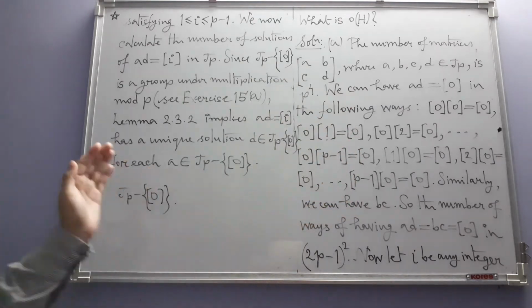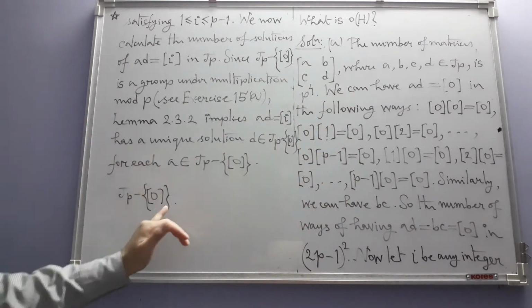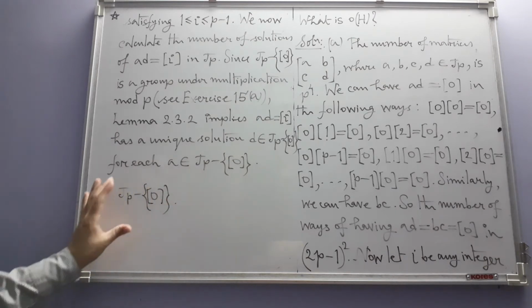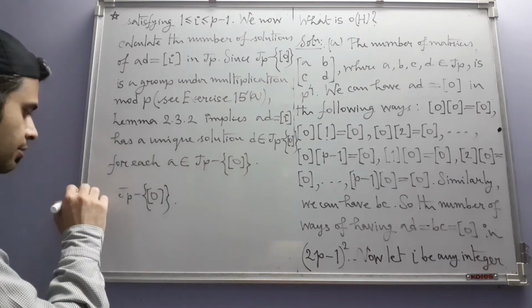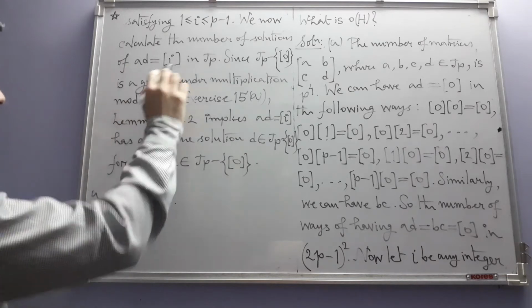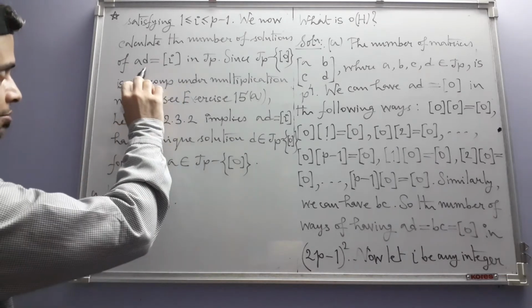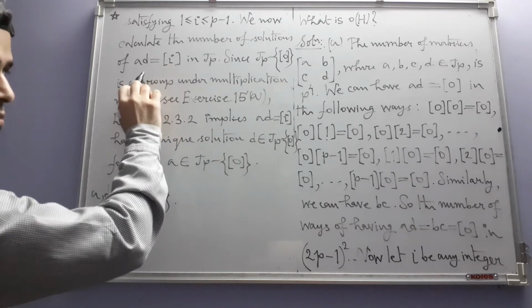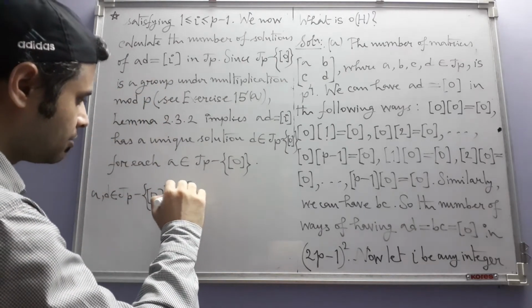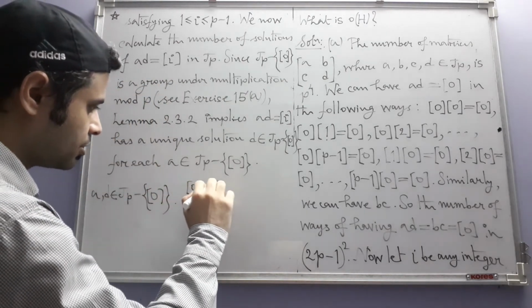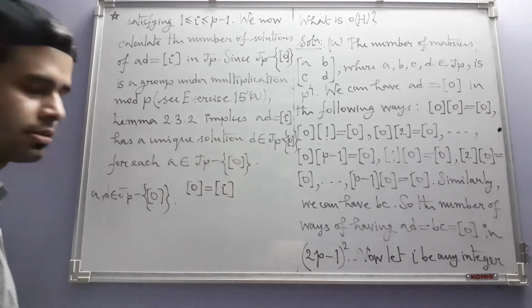There AD is that product, in that product the multiplication is the multiplication mod p. And you see that in this equation A and D are coming from Jp minus 0. None of them can be 0, because if one of them becomes 0, then AD will be equal to 0. We would then have this.